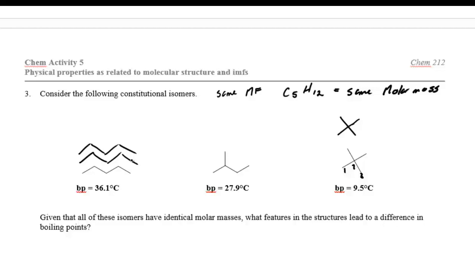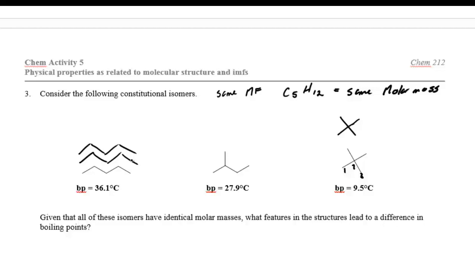Our molecule that's found in the middle, which is the 2-methylbutane, would have intermediate surface area, and it has an intermediate boiling point, intermediate London dispersion forces. So the first thing to consider is the size of the molecule, which is related to its molar mass, and then the next thing is to compare their surface area.